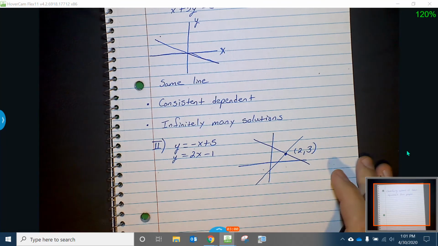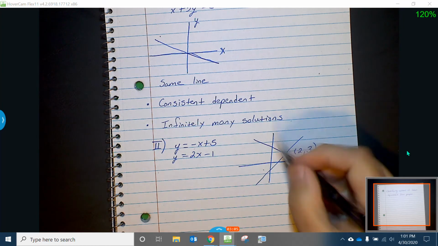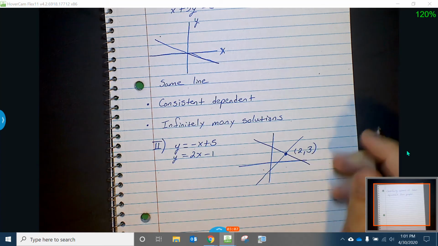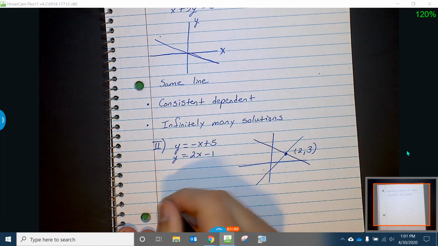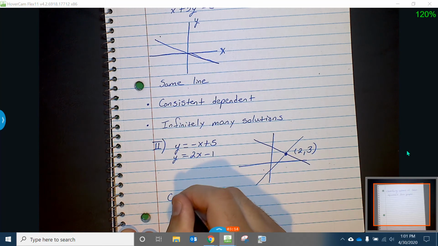Okay, a scenario like this is the most typical scenario. The two lines cross at one point, this is your solution. So something with an answer is called consistent.